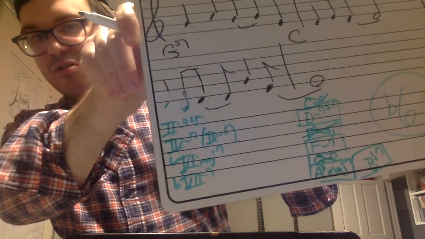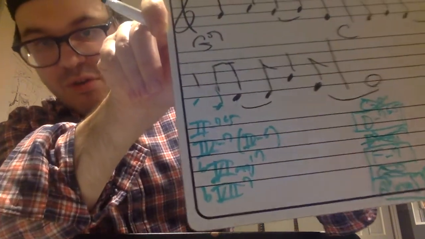Because what I'm going to do is think about what all those chords are in the key of C, right? 2 minor 7 flat 5. That's D minor 7 flat 5. 4 minor 7 is F minor 7. So I'm writing that down. A flat major 7 and B flat dominant 7, excuse me.